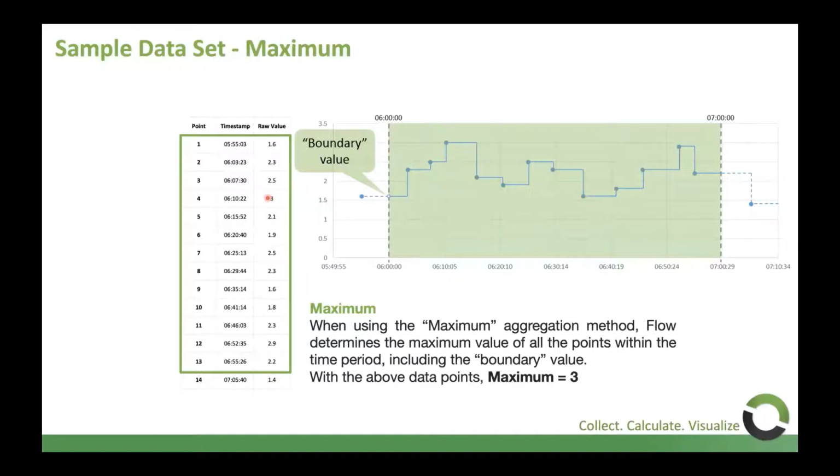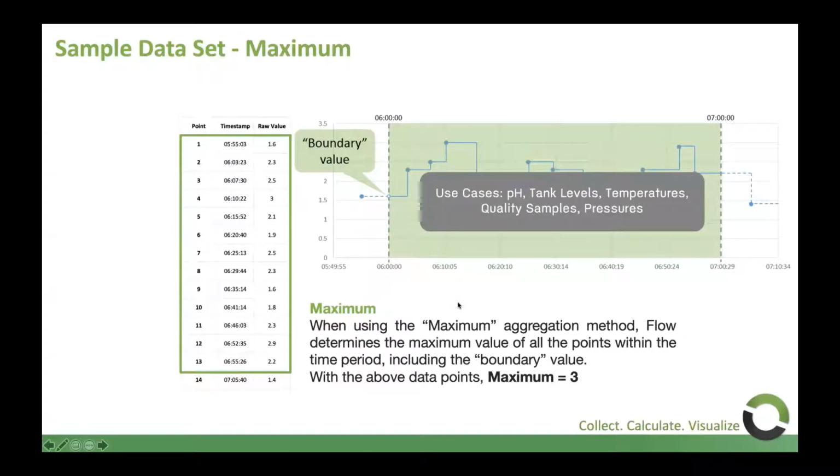So that will be returned again as the maximum value for my hour by looking at the sample data set that I've got here. And again, what will you use maximums for? Very similar to minimums. Again, it will be on pHs, tank levels, temperatures, quality samples, and pressure related process variables that we will configure our maximum aggregation technique.